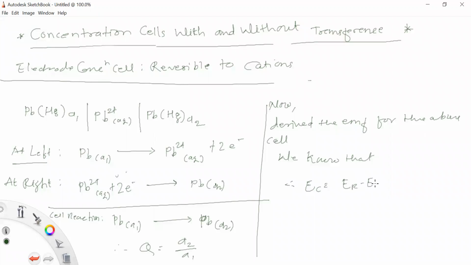Here EL is the left hand side electrode and ER is the right hand side electrode. So according to both electrodes, we express EL as E°Pb minus 2.303 RT upon 2F, since two electrons are released, times the log to the base 10 of activity A1 upon activity A1 upon.